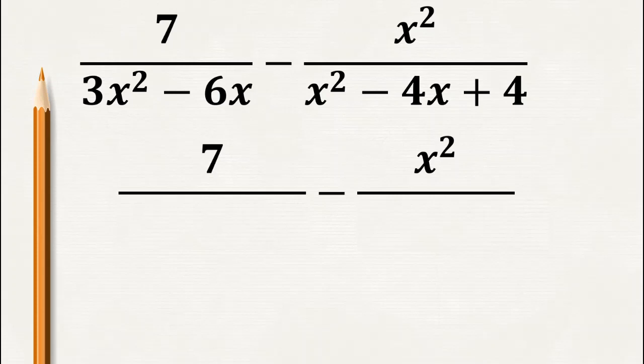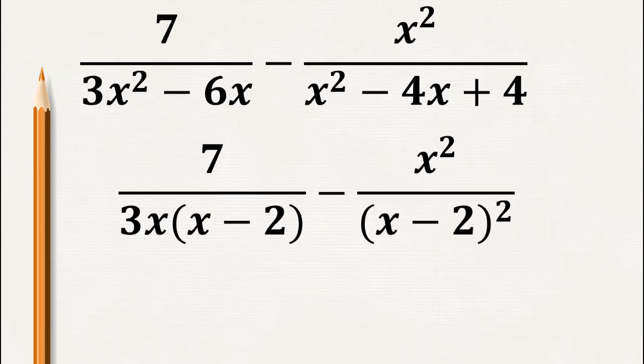We have 7 and x squared. Factors of 3x squared minus 6x are 3x and x minus 2. Factors of x squared minus 4x plus 4, we have x minus 2 times x minus 2, or we can write this as x minus 2 squared.